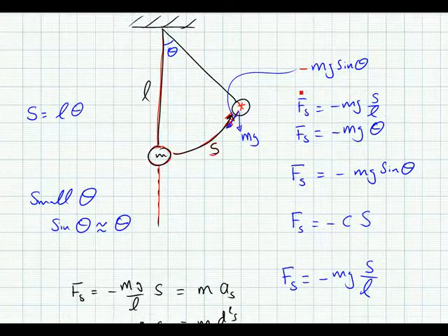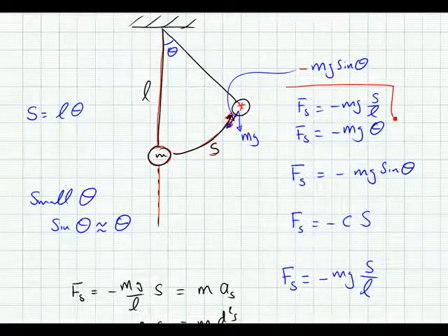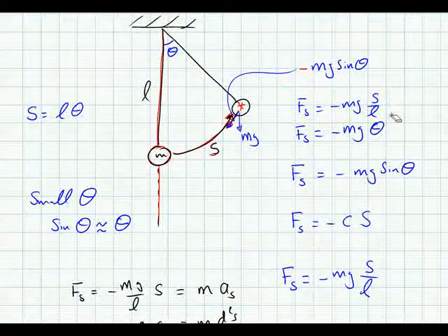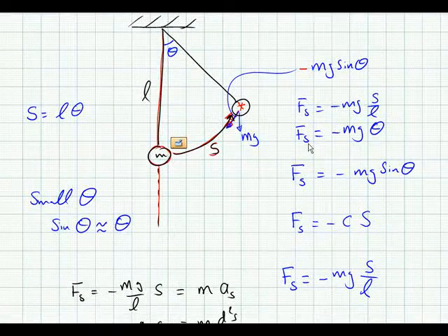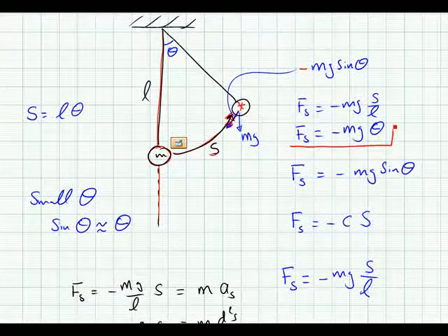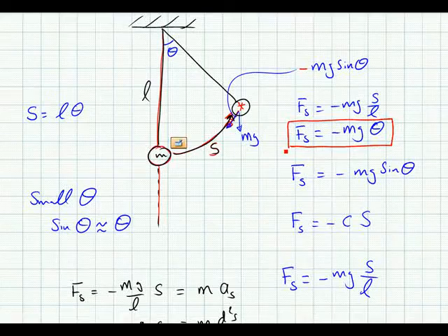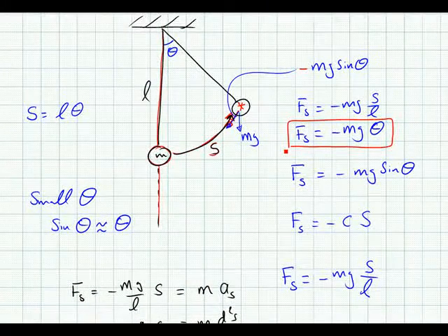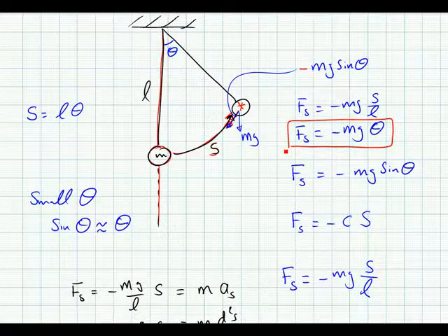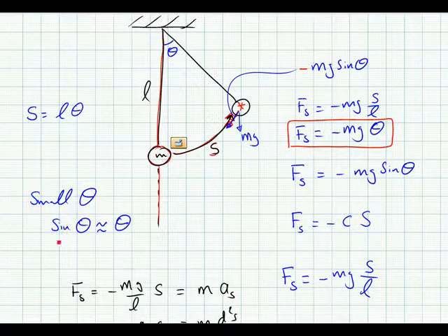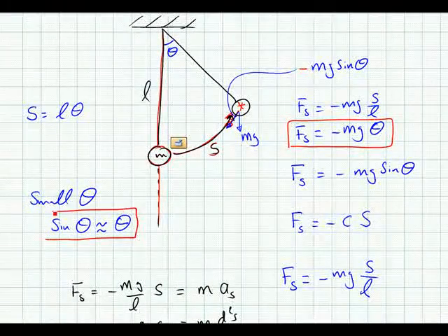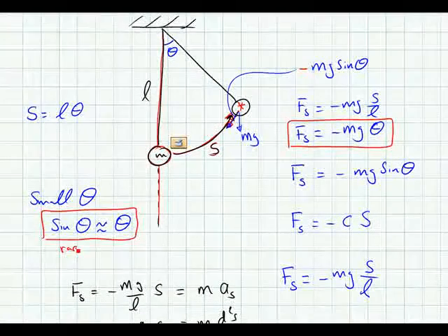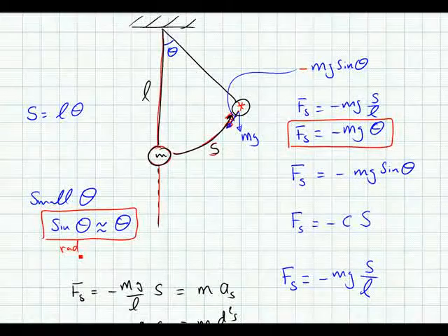So the force on the bob is given by minus mg sin theta, and if angle theta is small, we can use this approximation, that sin theta is approximately equal to theta. This is provided we work in radians, of course.